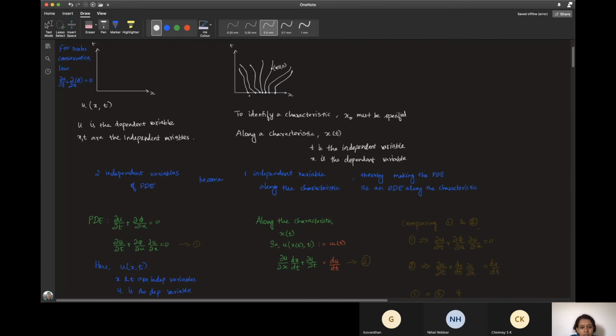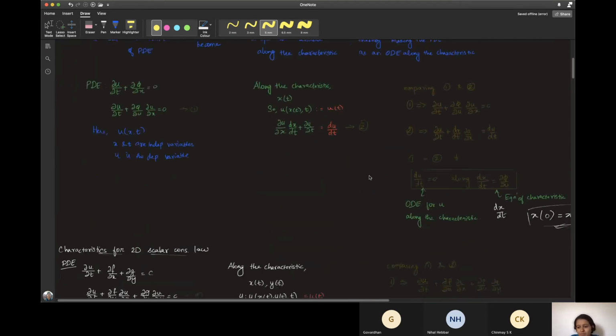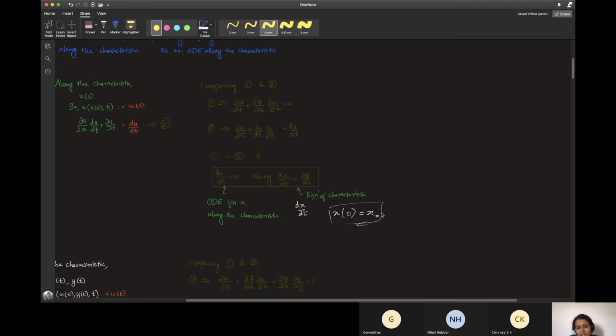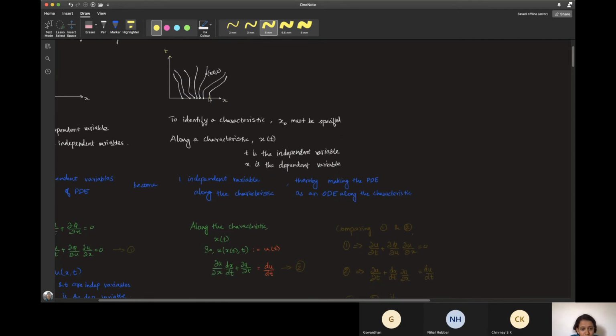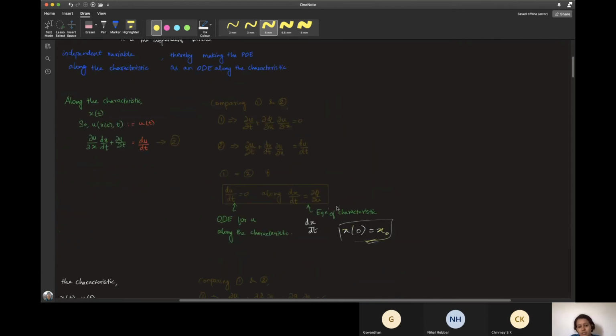In this picture I've put different points over here, and each of them corresponds to a different x naught. So this is a general equation for a characteristic, and when you substitute some initial condition, say x of 0 equals some specific x naught, then you are identifying some point over here. Then the equation becomes the equation for just one characteristic alone.